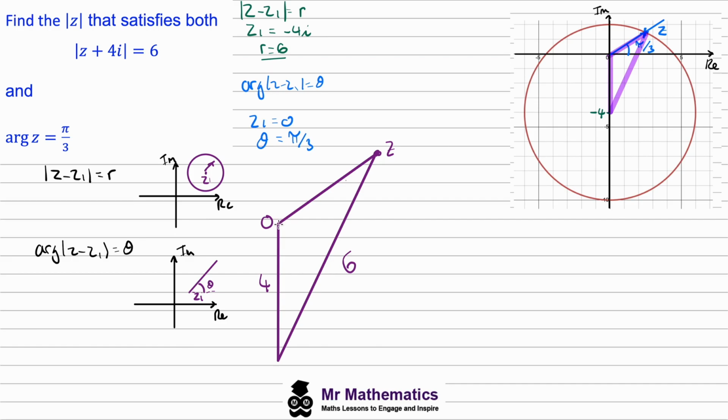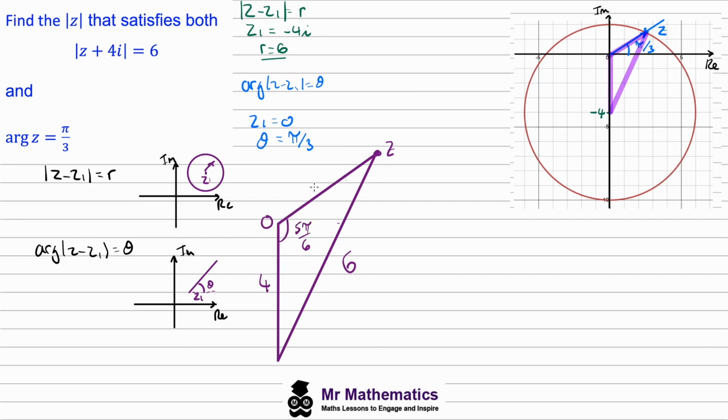We also know that the angle between the imaginary and the real axis here is pi over 2. So if we add together this pi over 2 and this angle, which we know is pi over 3, then the total angle must be 5 pi over 6.